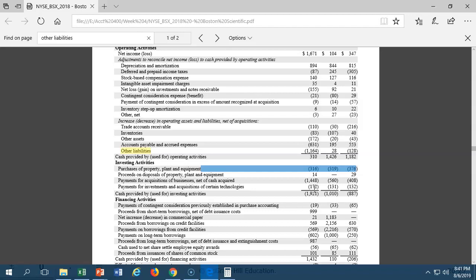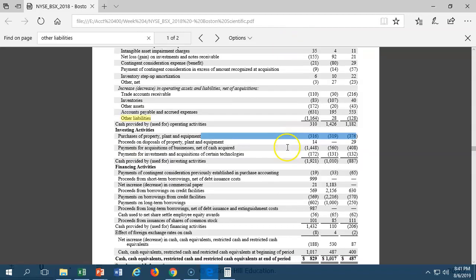So, financing activities: payment of contingent consideration, and proceeds from short-term borrowing. I would go look that up and see what's going on there.